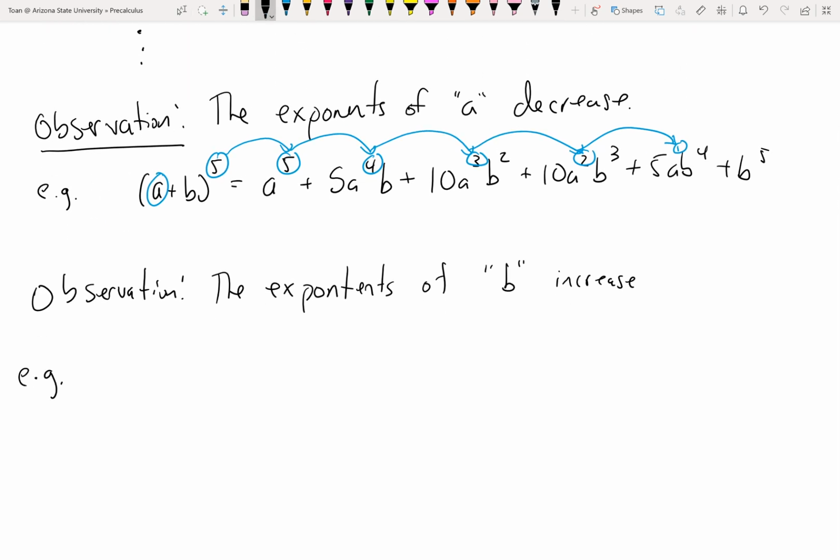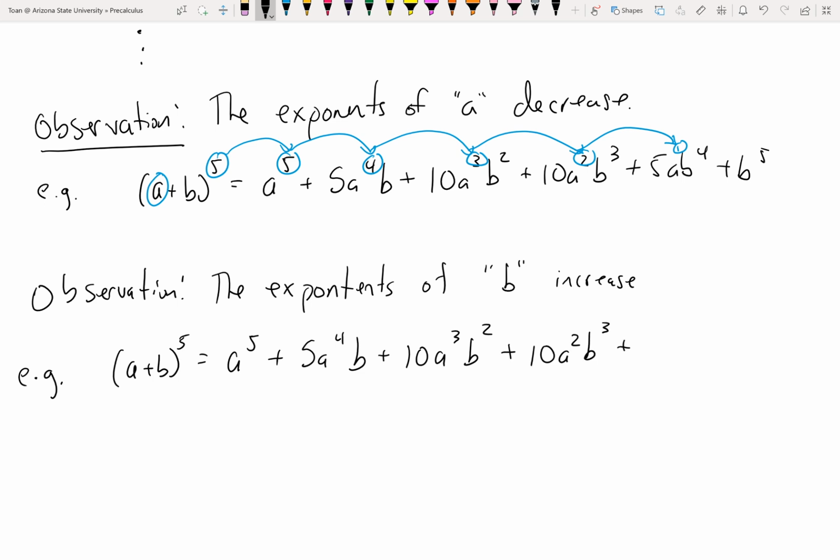For example, I'm just going to copy again, (a + b) to the fifth power: a to the 5th plus 5a^4 b plus 10a cubed b squared plus 10a squared b cubed plus 5ab to the fourth plus b to the 5th. They increase. So you have no b's on the first term, so the first term has 0 b's.